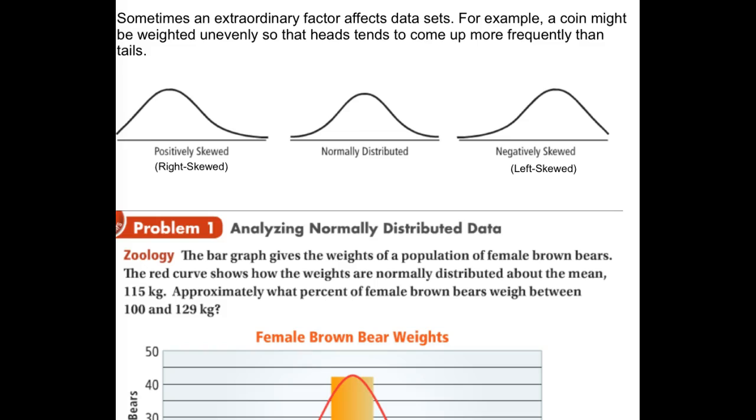So what we have in the center, our center picture, is a typical normal distribution. Right? Nice symmetric bell-shaped curve. The first picture we refer to as positively skewed or right skewed. Basically what we're saying is that something is pulling this little tail further up than it should be. Okay?